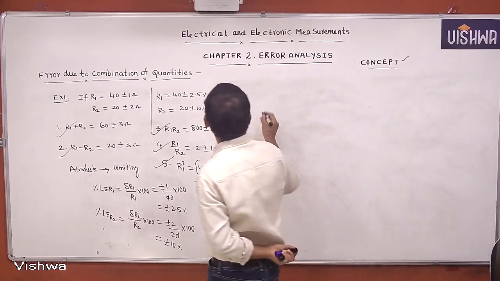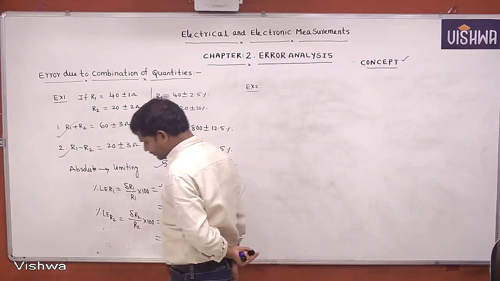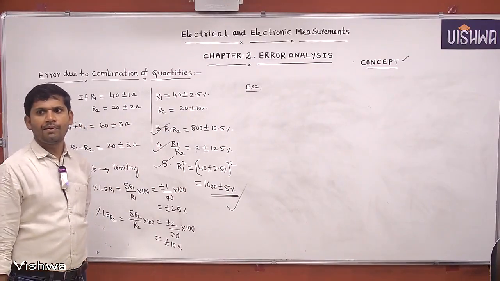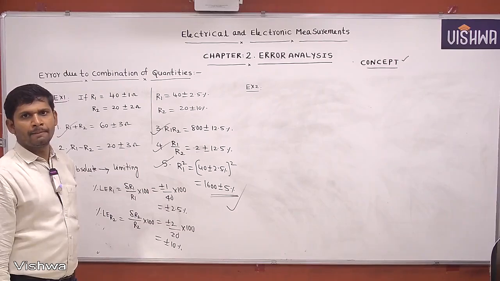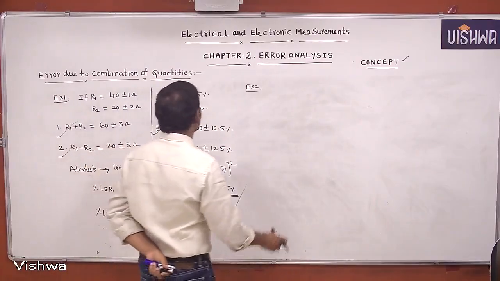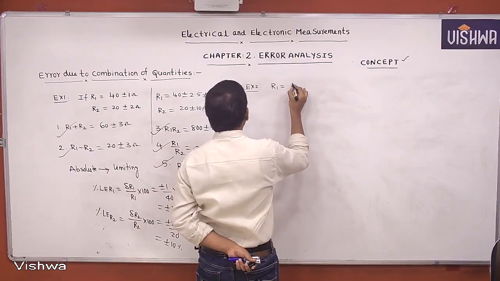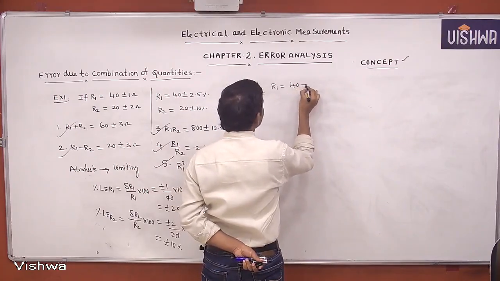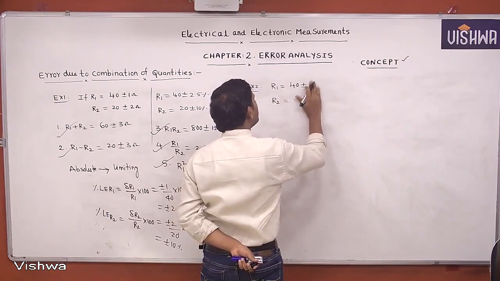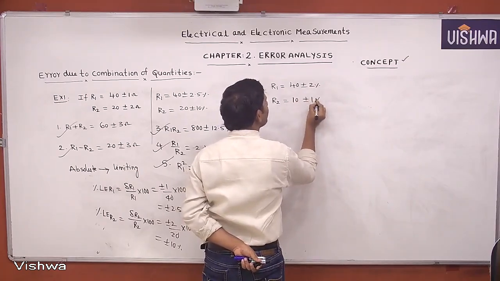See the example 2. For example, if R1 equal to 40 plus or minus 2%, R2 equal to 10 plus or minus 1%.